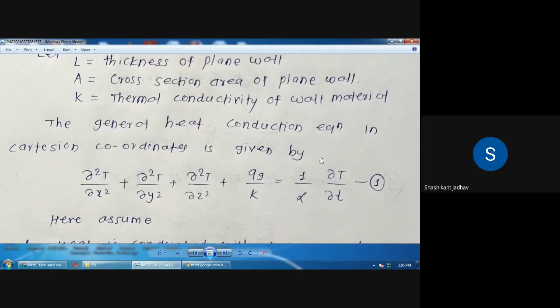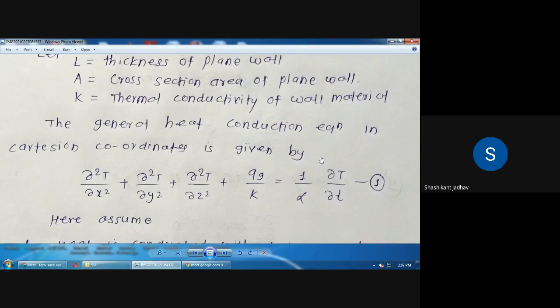Yesterday we derived that, equation number 2. It is dou square T upon dou x square plus dou square T upon dou y square plus dou square T upon dou z square plus Qg by K is equal to 1 upon alpha into dou T by dou t. That equation is the general heat conduction equation in Cartesian coordinates, where alpha is the thermal diffusivity.